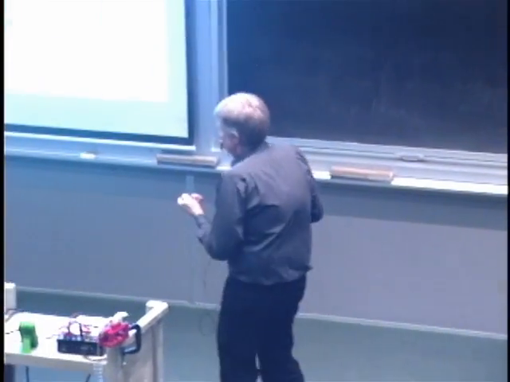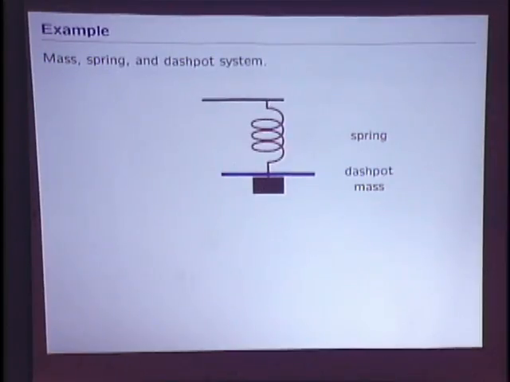So the trick in thinking about what a linear time invariant system does to a sinusoid is thinking about how the magnitude changes and how the phase changes. To motivate that a little more, I want to think about a mass spring dashpot system. We talked about this before.